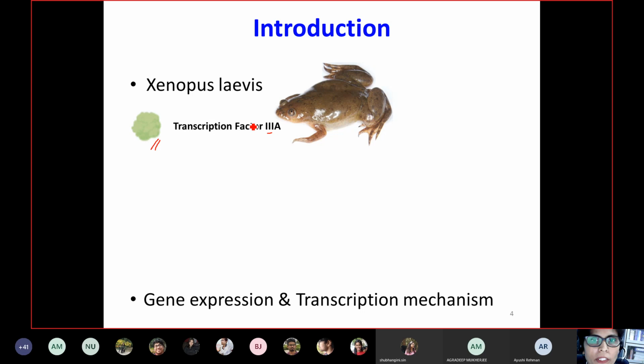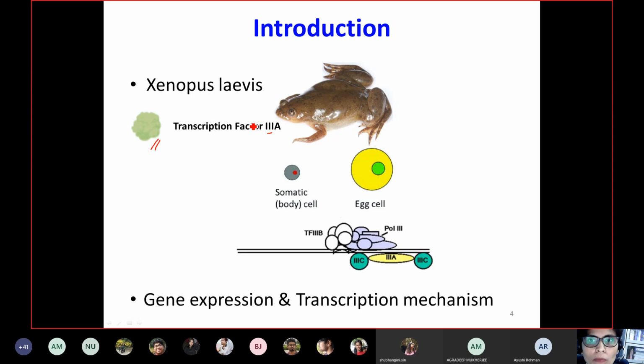This purification was from two different sources, one from somatic cells and one from eggs. Two different 5S DNAs were made in plasmid form, and based on this purification it was seen whether any transcription was going on or not. This is what we have seen till the last lecture.